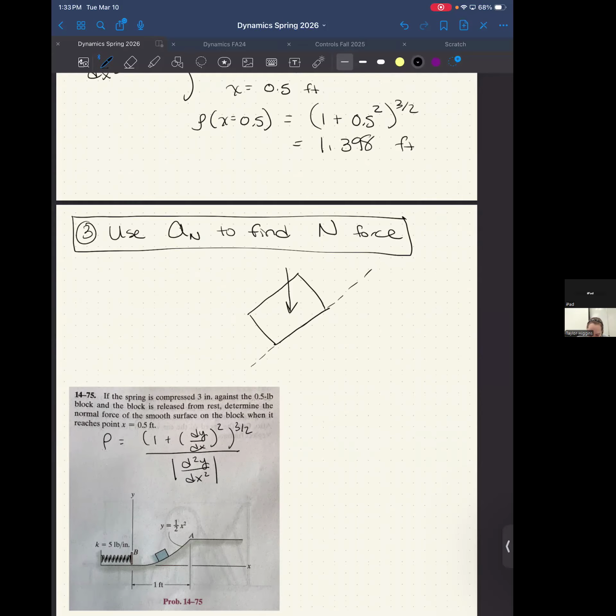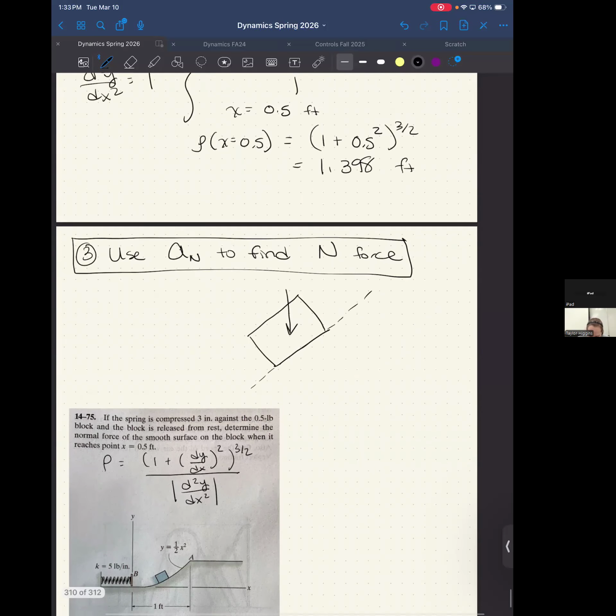I've got some weight, which is 0.5 pounds, and I've got some normal force. Do I have any friction? That or not, or we did the whole first part of the problem wrong. No friction, smooth surface, anything else? No? Okay, those are the only forces involved.